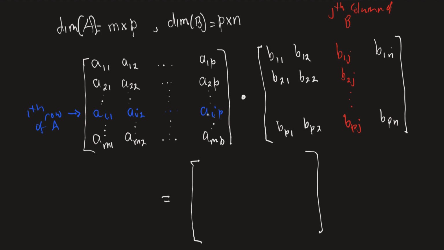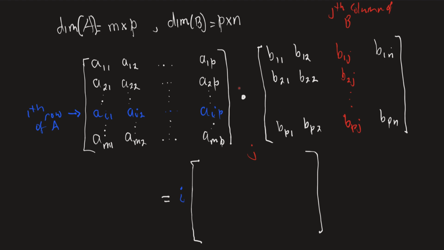To figure out what goes in row I, column J, we have to take that blue row and do that special product with that red column, and add them together. So we take this entry and multiply this entry, multiply this entry, and so forth. The last entry in the row will multiply the last entry in that column and then add them all together.